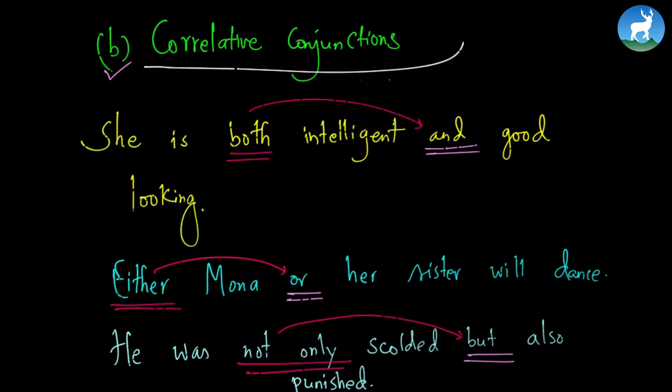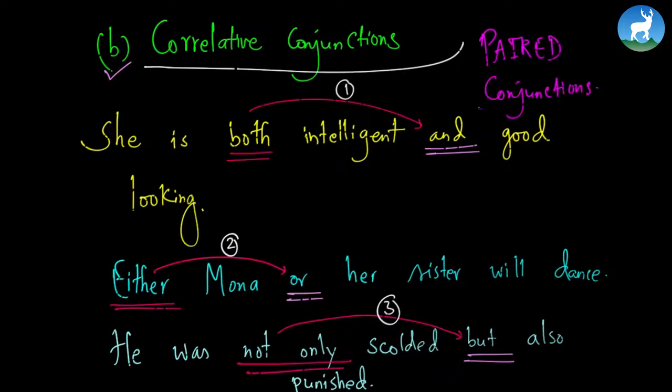Since there's a pair, this is the first pair followed by a second pair and a third pair. So what do we call it? We call it paired conjunctions. Since there's a pair for every conjunction that is used in correlative conjunctions, it is called paired conjunction.